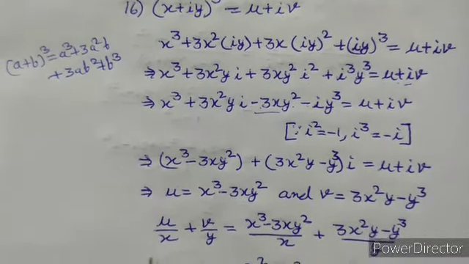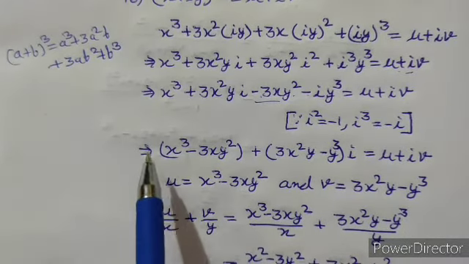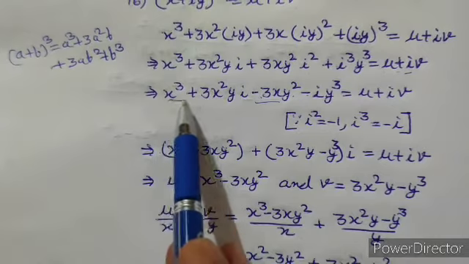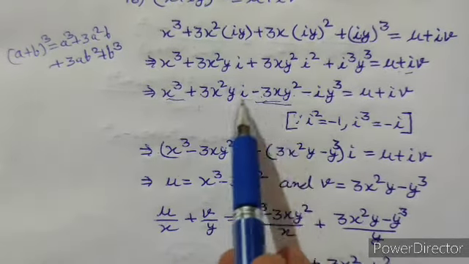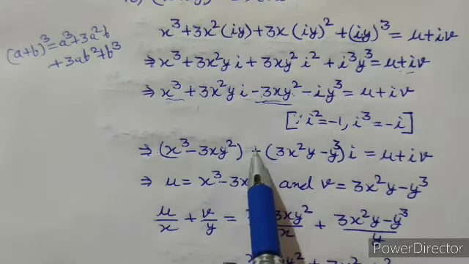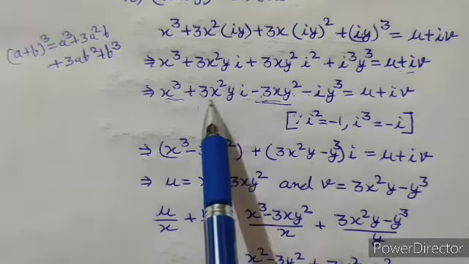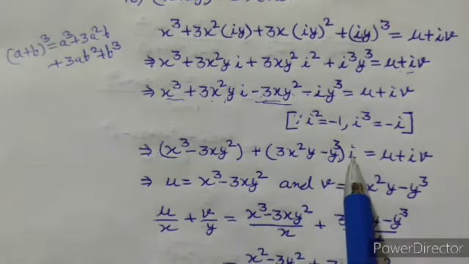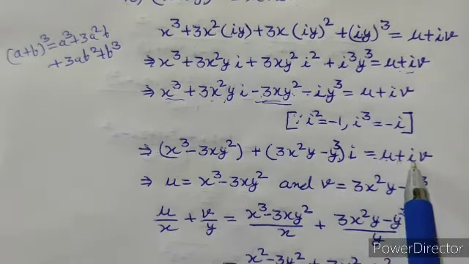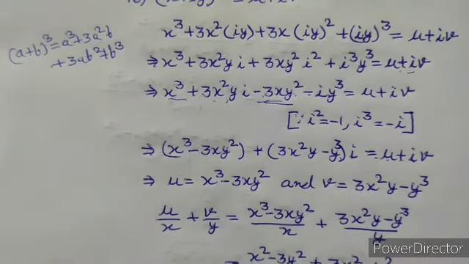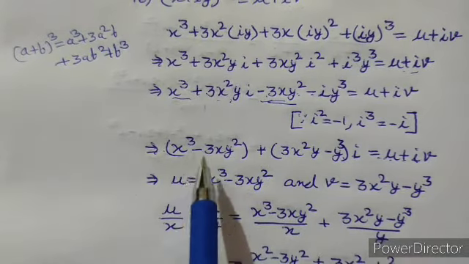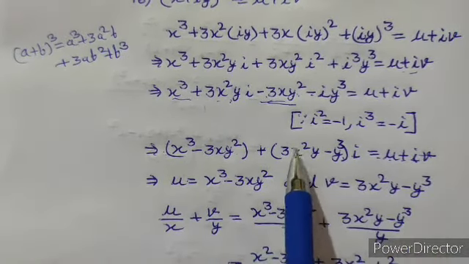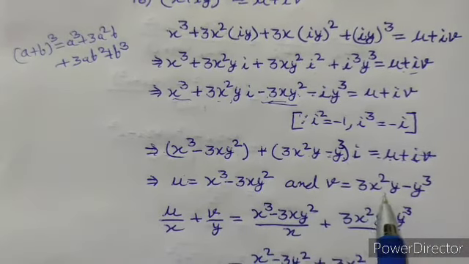Now on separating the real and imaginary parts, we will get x cube minus 3xy square plus (3x square y minus y cube) i equal to u plus iv. Now on equating real and imaginary parts, u will be equal to x cube minus 3xy square and v will be equal to 3x square y minus y cube.